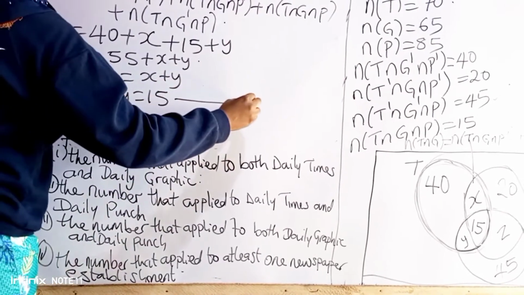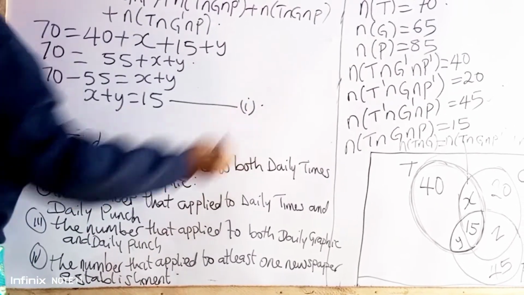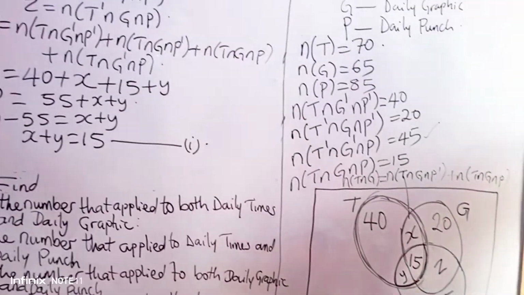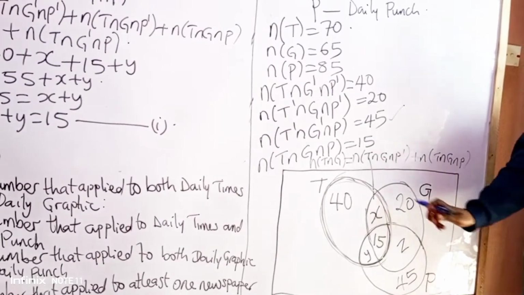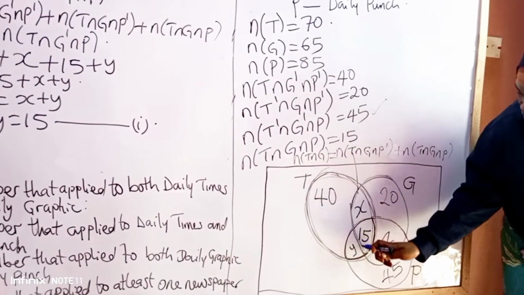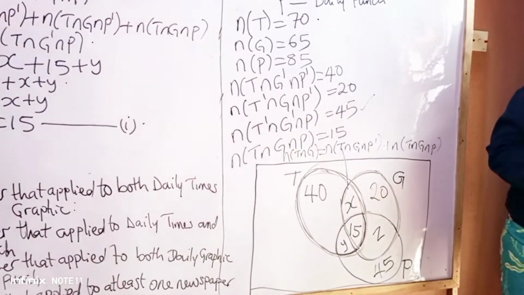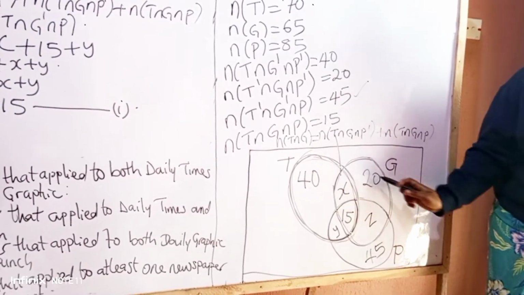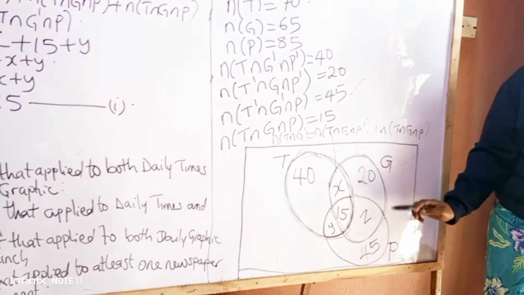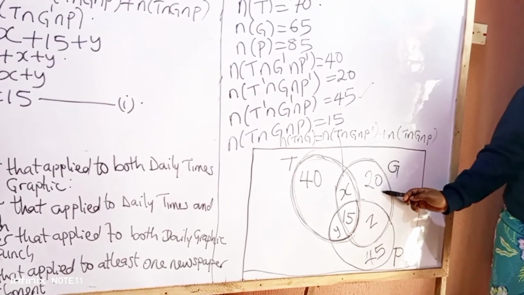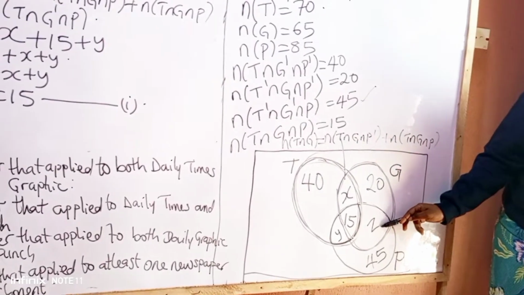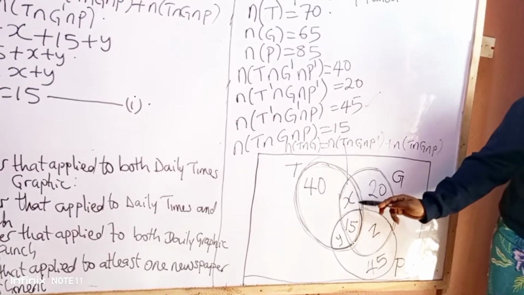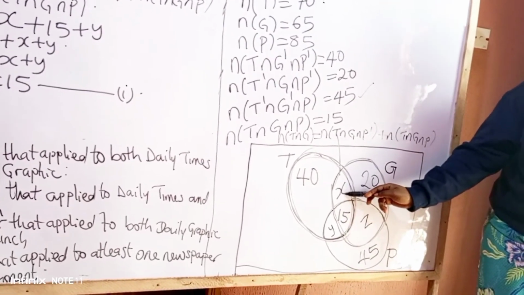So let's call this one equation 1. So keep that one. Now let's go to the second circle. Are you with me? Yes. So the second circle is this. That's daily graphics. You see, that is all the elements that I can find inside cardinality of G. So cardinality of G consists of G only, G and P only, T, G and P, and T and G only.